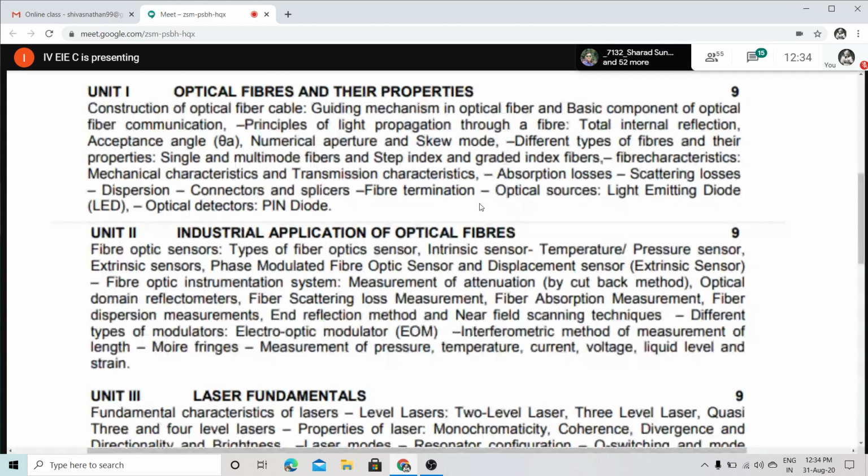Okay. What about a sensor then? Don't you have any conversion of energy taking place in a sensor? Yes, sir, but a transducer always produces an output as an electrical signal, sir. But in a sensor, it is not mandatory to produce an output as an electrical signal always. That's what I mean, sir. Okay, very good, very good.